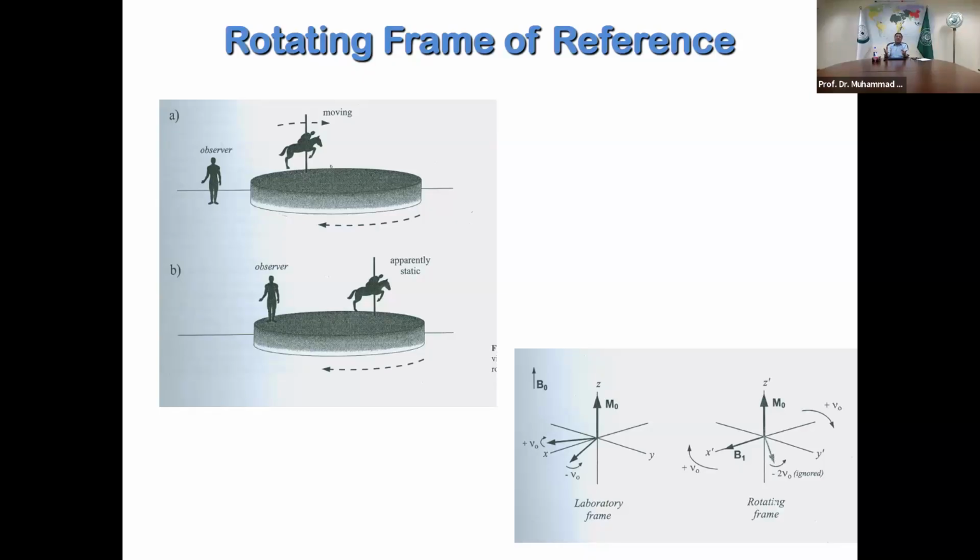The second pulse experiment will come later, but at this stage we wanted to introduce you to the rotating frame of reference, and I hope you would be able to read about it.